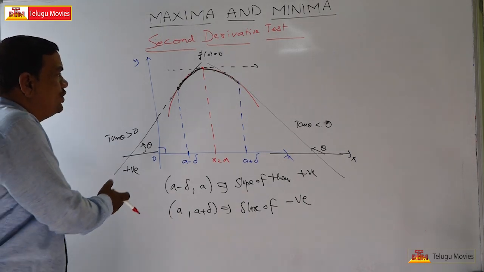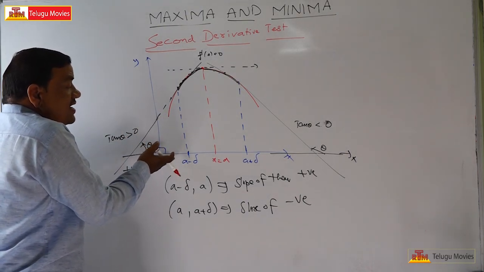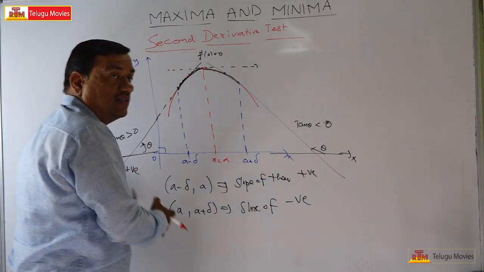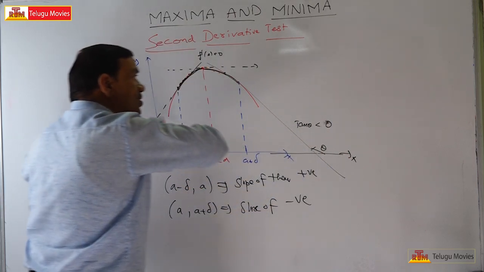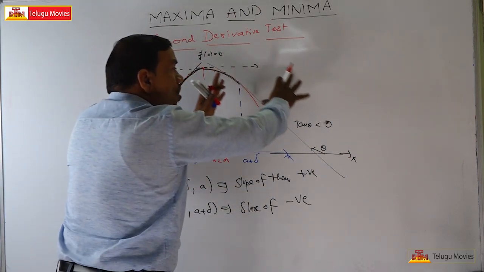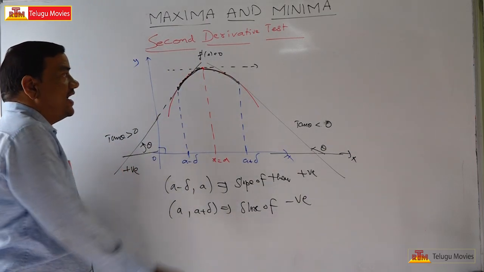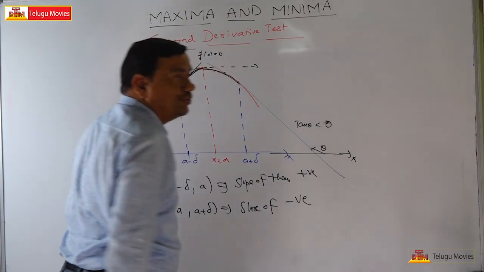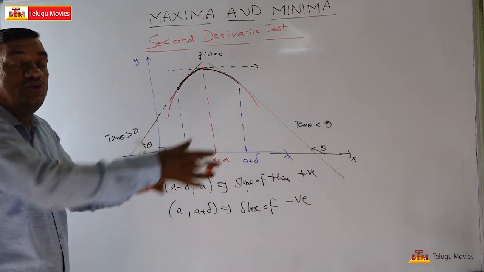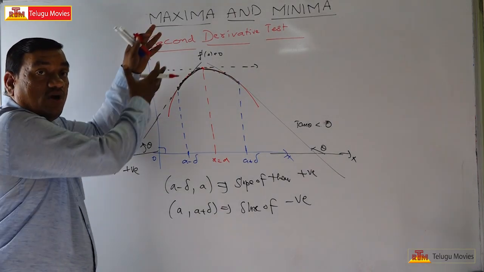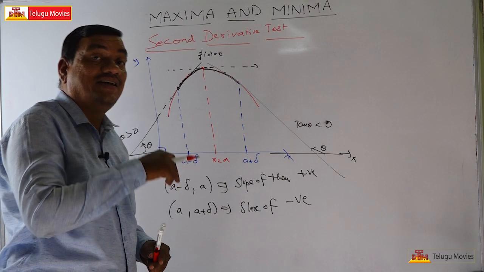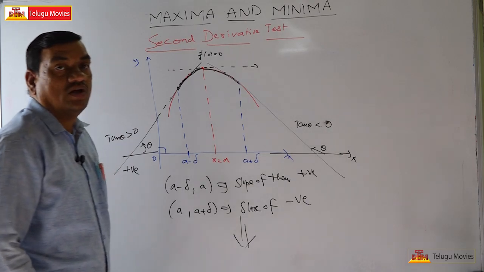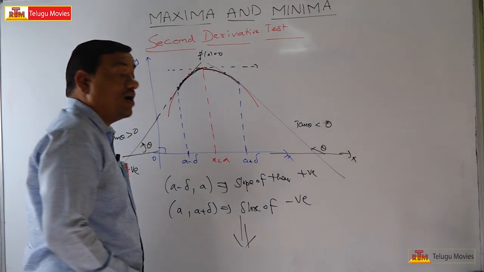That means as you move from a minus delta to a plus delta, from left hand side to right hand side, what will be the slopes of these tangents? At exactly x is equal to a, they are coming from positive to negative. From positive to negative means you are decreasing. What is decreasing?